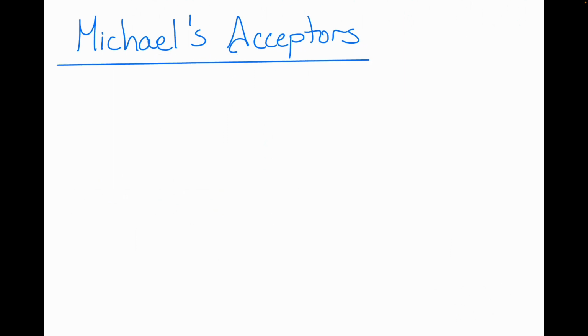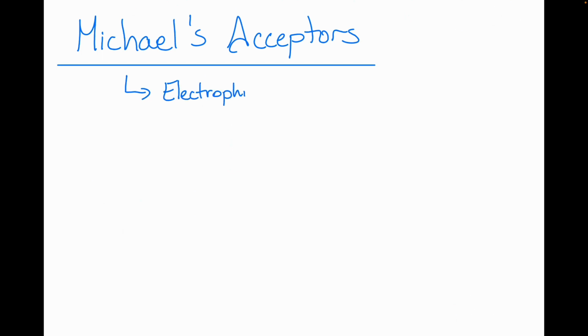This is a class of molecules that all have electrophilic beta carbons, and they all have this same basic structure where you have this double bond that's conjugated to some electron withdrawing group.